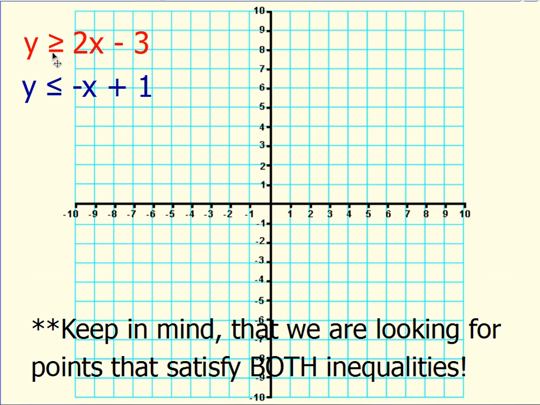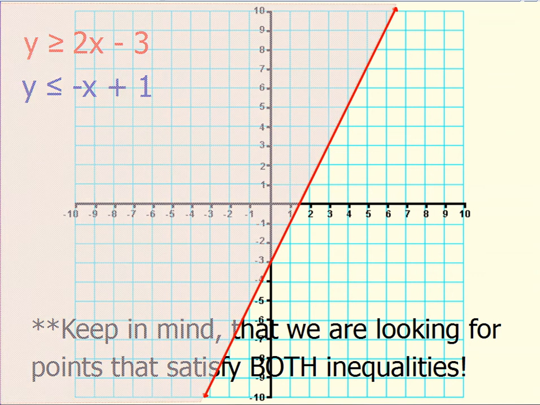Because of the greater than or equal to, we're going to graph a solid line with a y-intercept at negative 3 and a slope of 2. Then of course we're going to pick a test point. And I found, thanks to my test point, that I shade to the left, or I could say above, my red line.